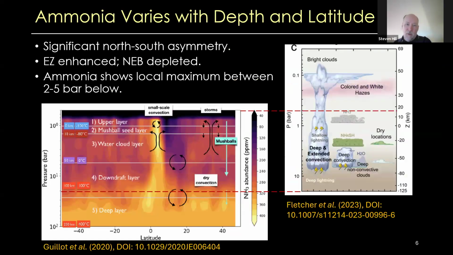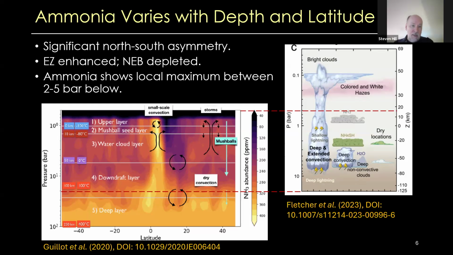In addition to this complex process that occurs above about 20 bar, which is the figure from the last page, on the right here, microwave sounding and radio sounding has been used to penetrate much deeper into Jupiter, down to about 100 bar. And what we see is a lot of asymmetry on the large scale. This is from Guillot et al., a latitudinal slice through the atmosphere and the ammonia abundance there.